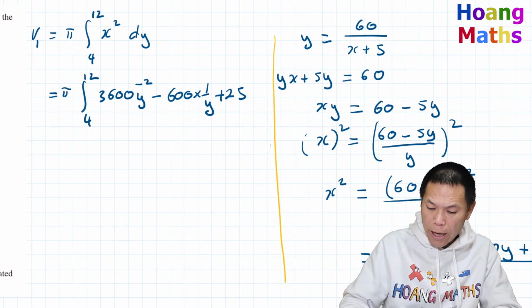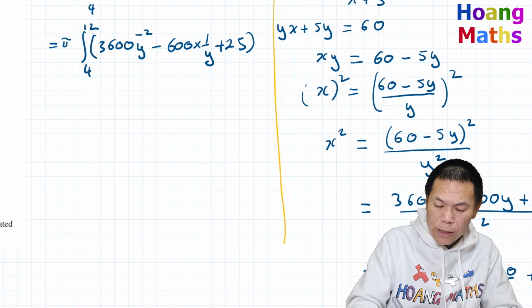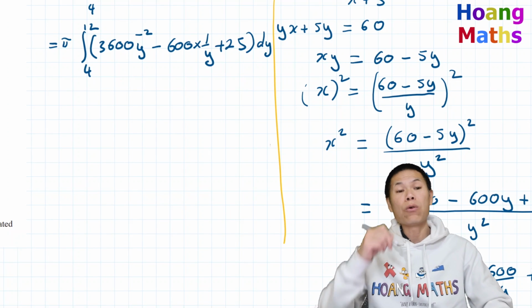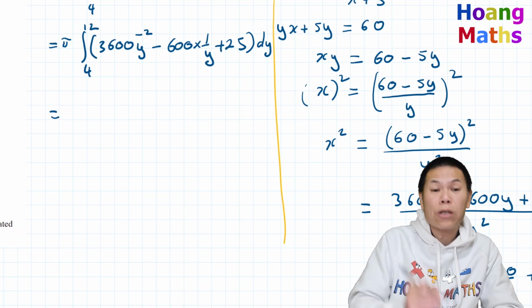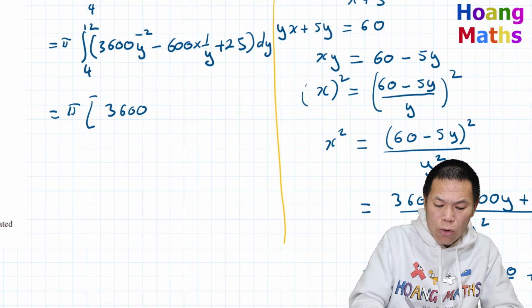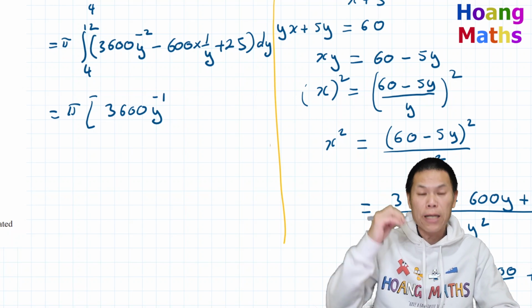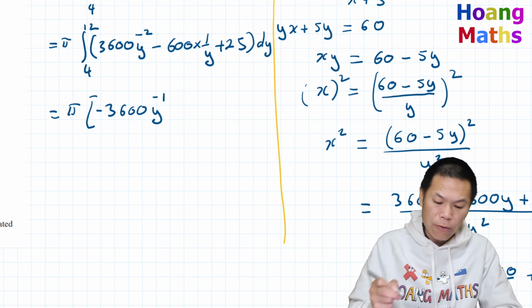So don't forget, okay? So now I just integrate this, of course. That's the dy. To integrate this, I just add 1 to -2. Let me write this down first. So that becomes 3600 y to the power of minus 1, because we add 1 and divide by -1, so that becomes negative in front.